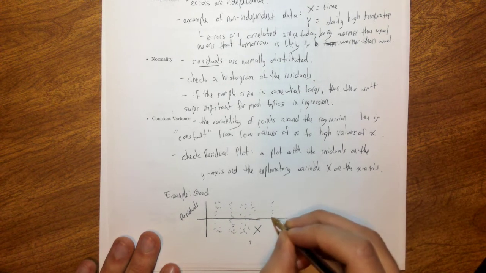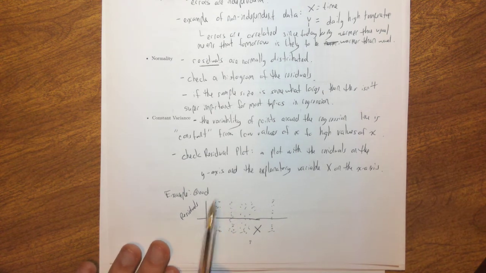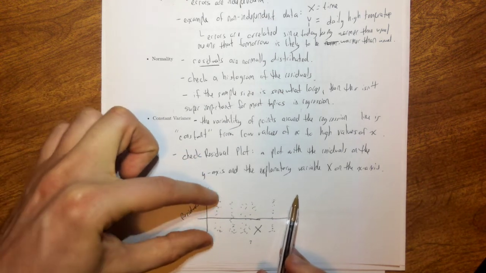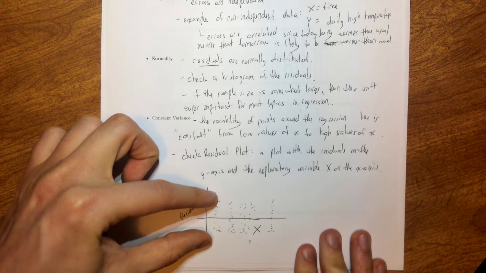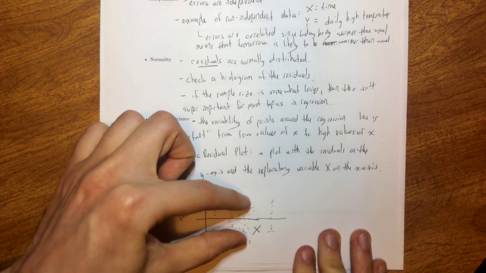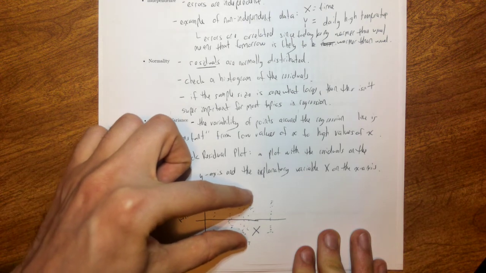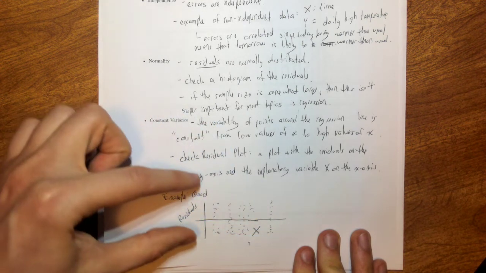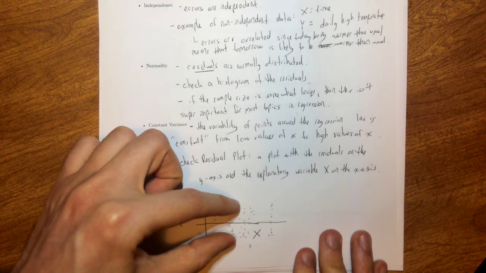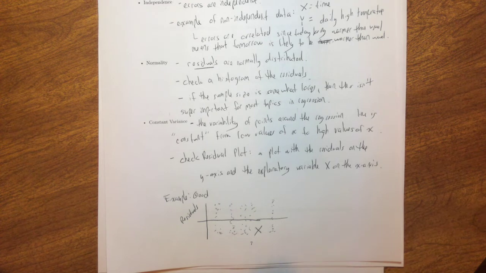What this means is that as I'm starting from the left, I'm going to make sure that the spread of these residuals doesn't drastically increase or decrease as I'm moving across the x-axis. It starts out kind of big here. It might get a little bit smaller and then a little bit bigger, but it's mostly fine for this example.